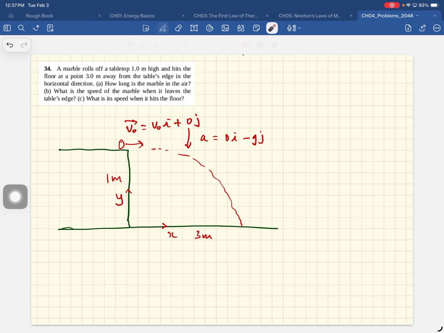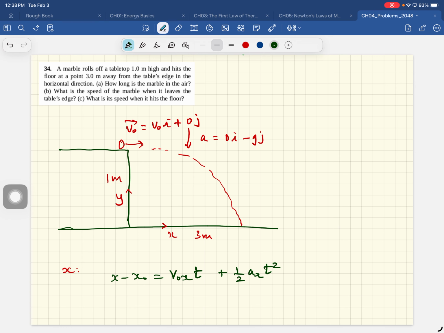Okay, so now let's look at, and also the x component of the motion of the marble is independent of the y component of the motion. So let's look at the x component of motion. x minus x naught equals v naught x t plus 1/2 a x t squared. All right, I'll do the initial problem slowly.